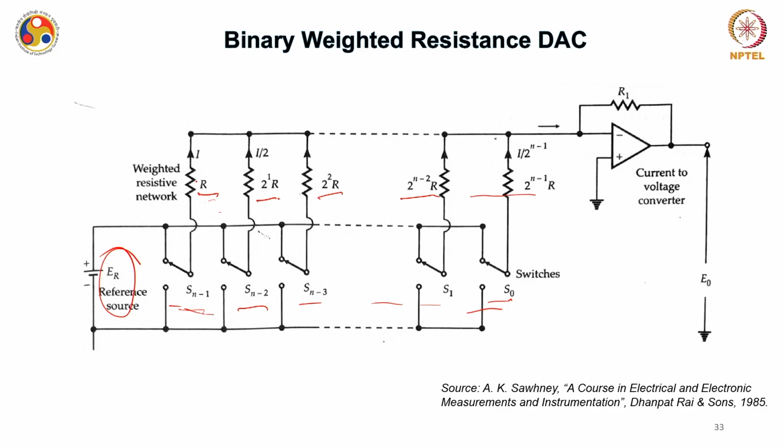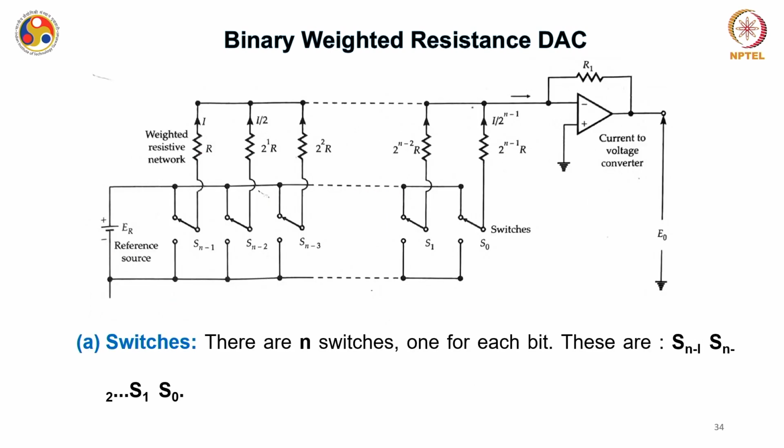Accordingly, the current values are I by 2 and so on, up to I by 2 to the power n minus 1. If you see, it has several components including switches, the feedback resistance, and the weighted resistance network. Let us see the components of this binary weighted resistance DAC one by one. The first is switches.